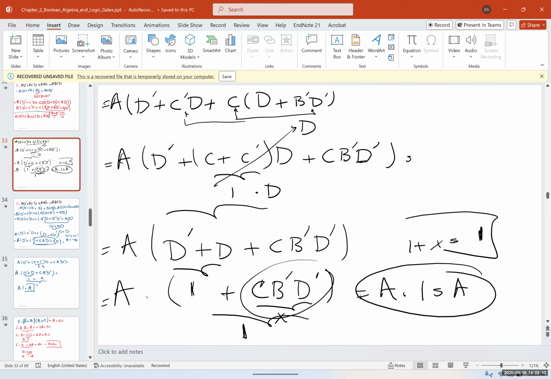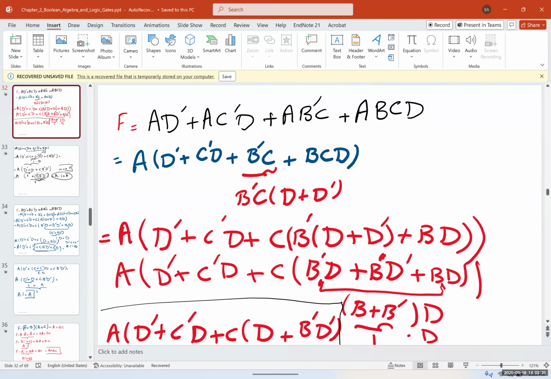There's an easier way to solve it. As I showed, you can use the distributive law and just directly jump from that, x plus yz is equal to x. So I could directly jump from this to the result. In this case, we can just go straight from, factor out c from these two. So it's going to be b prime plus bd, and b prime plus bd is equal to b prime.